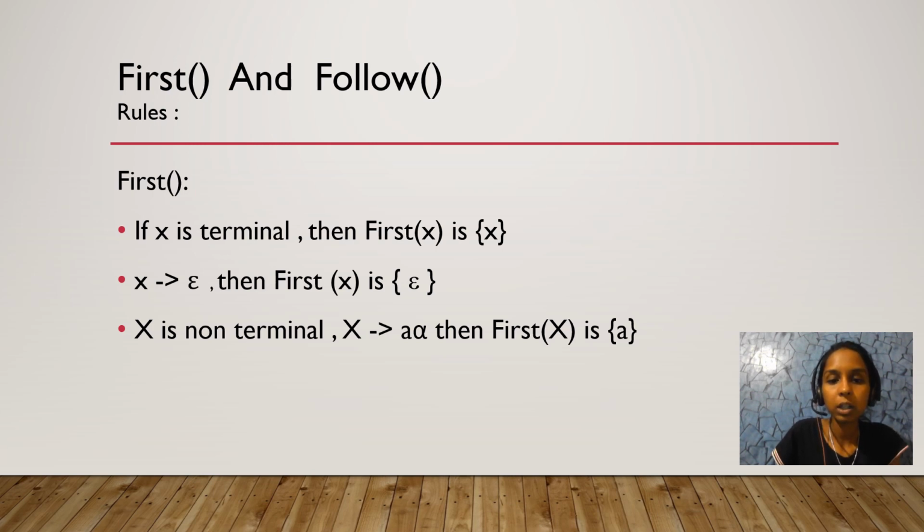Here alpha can be anything. So when x tends to a alpha, then first of x will be a. That is the first production.